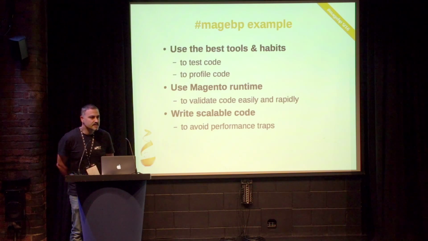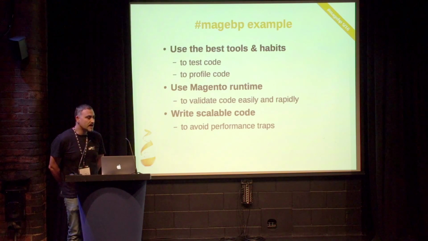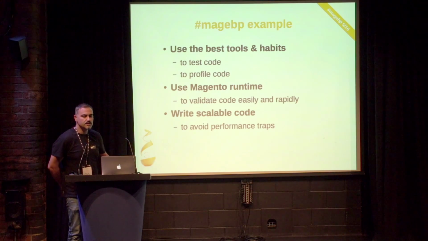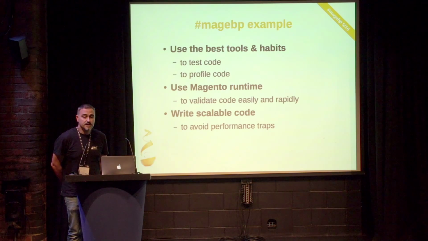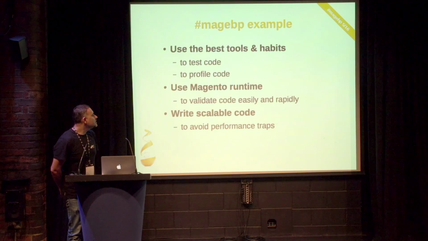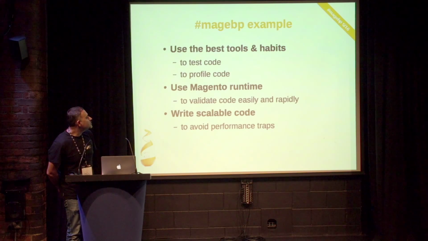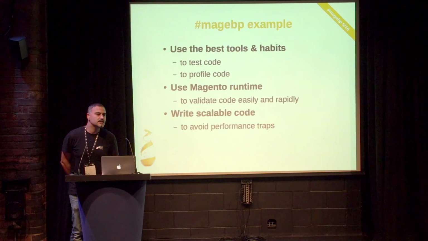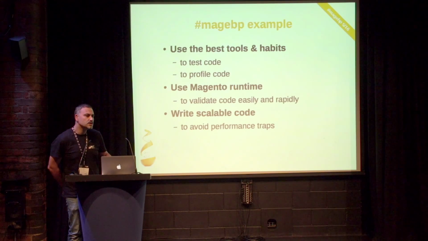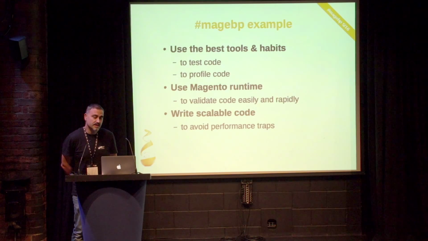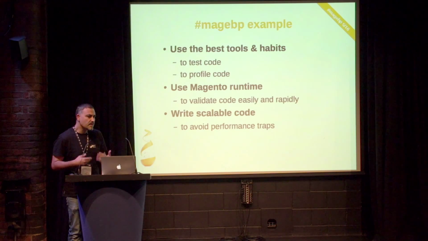Joel Spolsky says, use the best tools money can buy. And we're fortunate because nowadays we can use a lot of open source tools for free. So I used some tools to test code and profile code. I used Magento Runtime. I didn't touch the code where I found it. I grabbed it out of there, put it in a Magento Runtime script and validated my changes.